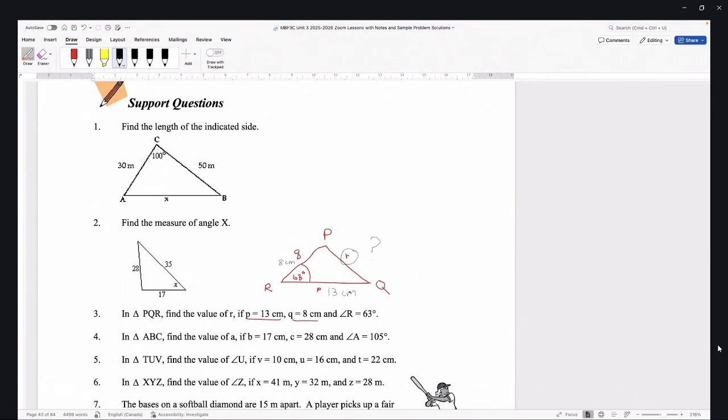Now, we have a side, an angle, and a side. So when we have two sides with the included angle, we have to use the cosine law.